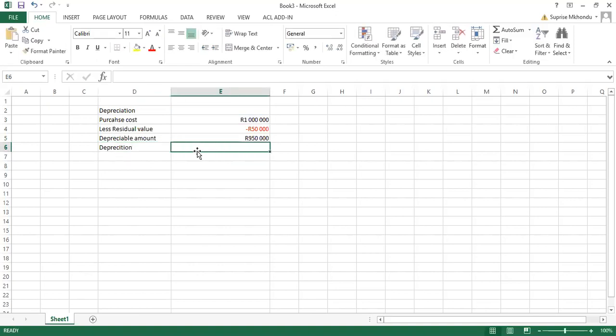How much will be our depreciation? It's 4 years. Put 37,500.